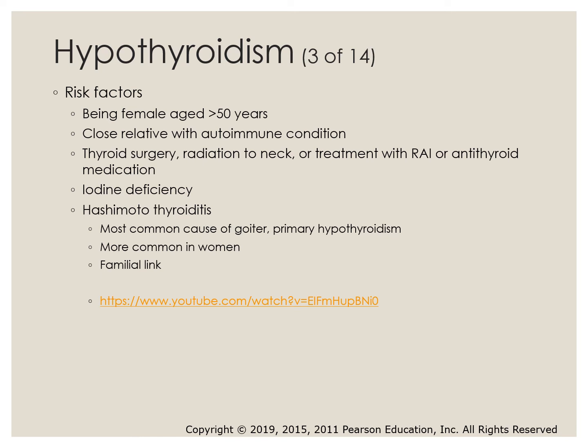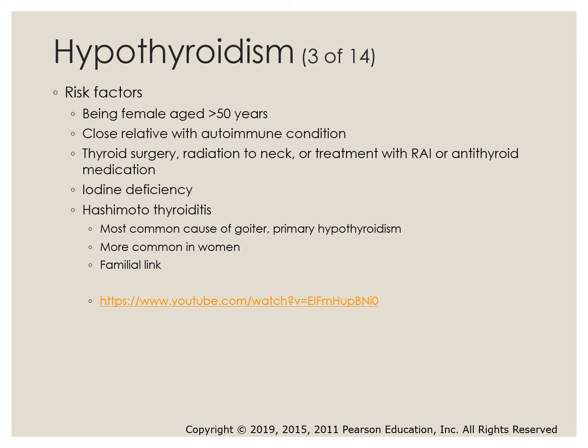That's the most common cause of the goiter and primary hypothyroidism. And there's a family link, and I do have family members that have this condition as well, and family members with diabetes. So since I've had Hashimoto's, I have had issues with my blood sugar as well.